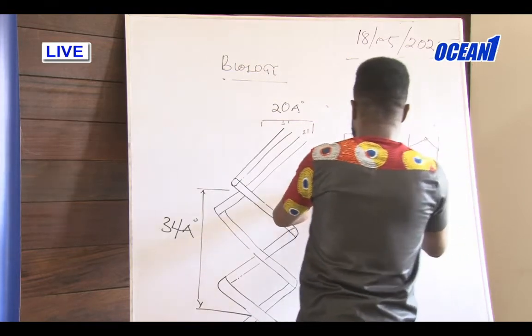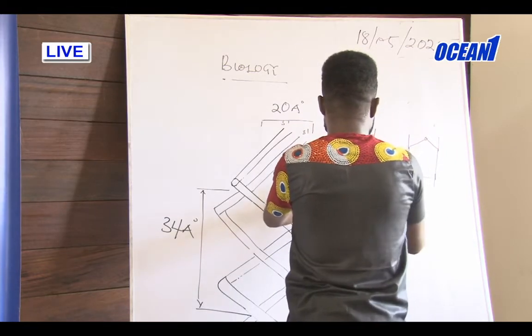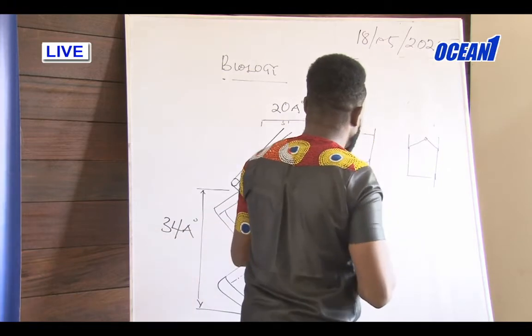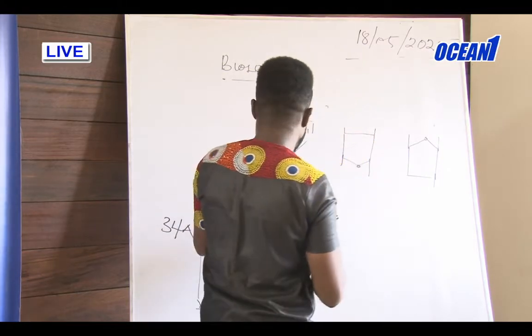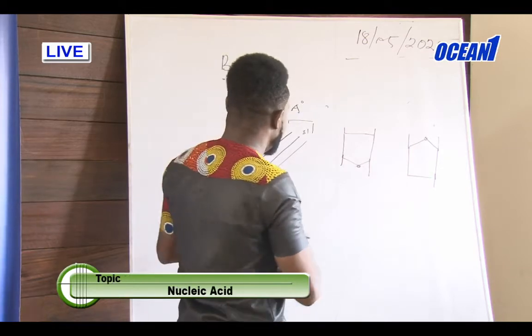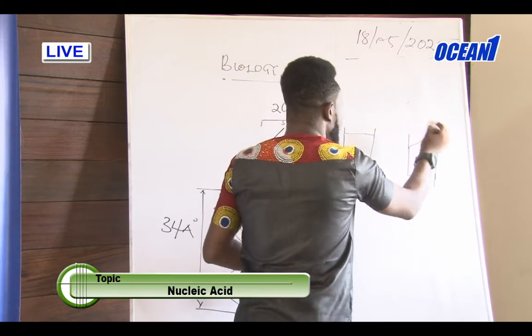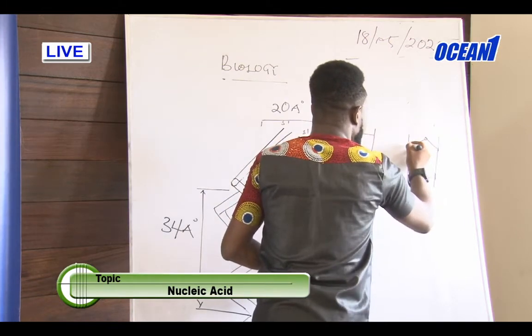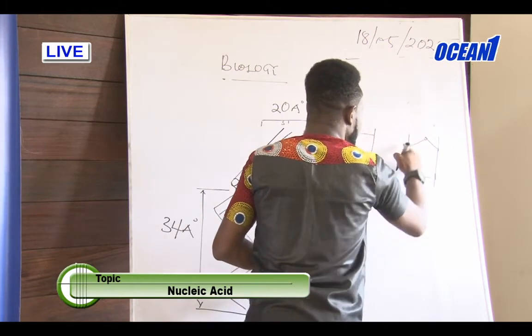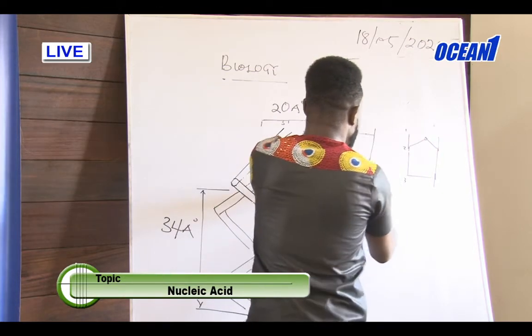So you could see that over here we have the 5 prime and over here we have the 3 prime. This is our 1, 2, 3, and over here this will be our 5.